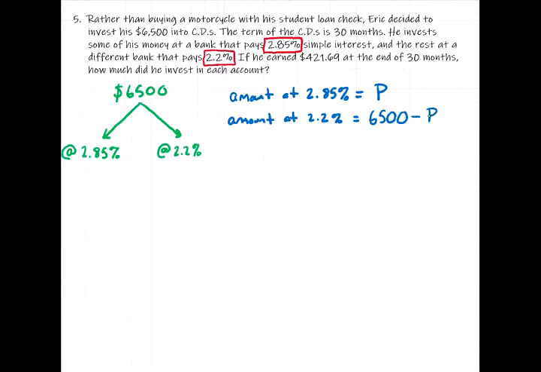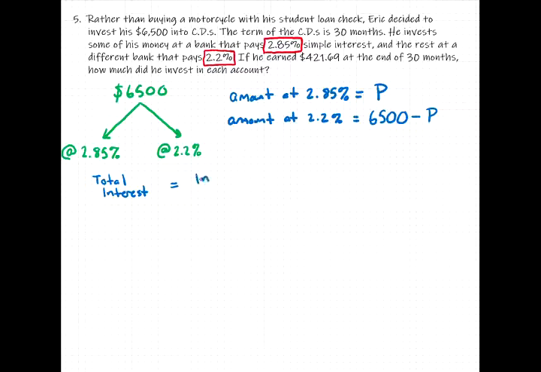Okay, so what we know is that the total interest earned is going to be equal to the interest from the first account plus the interest from the second account. So we have interest coming from two sources.